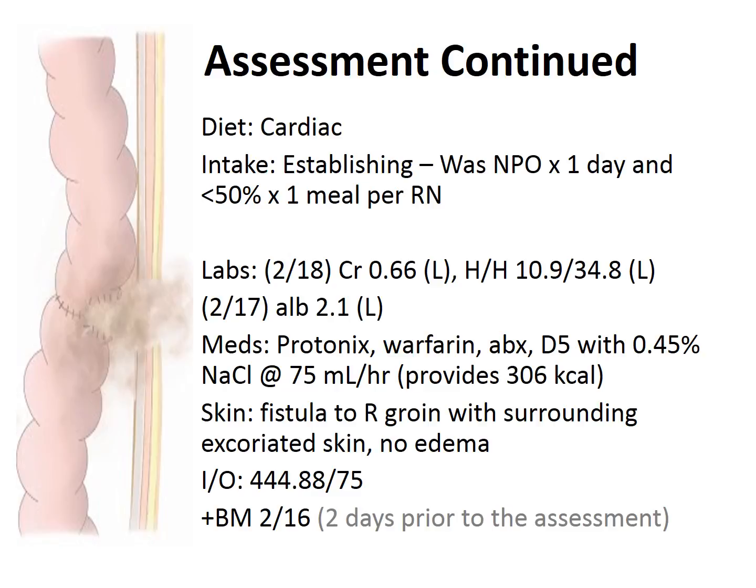When looking at the labs, overall, most labs presented in the normal range. However, I noted 4 labs here which were abnormal. The first one being the creatinine, which was 0.66, meaning it was low.